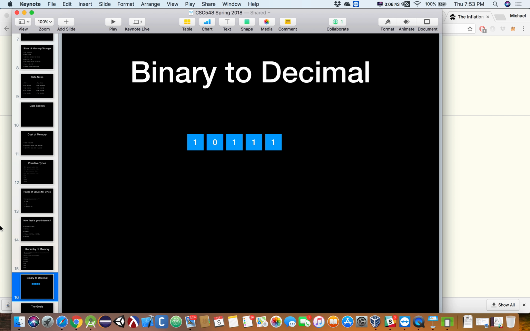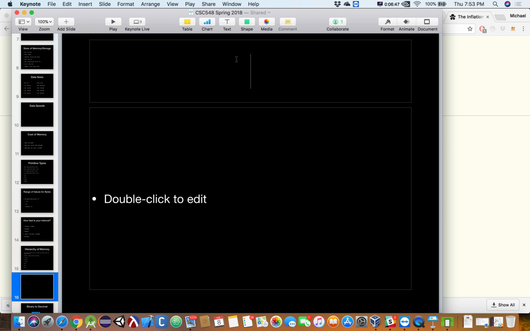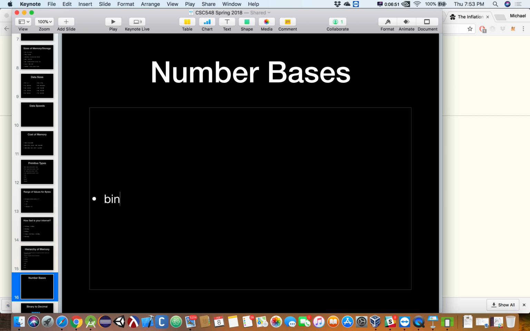So if we talk about bases, binary numbers, that's base 2, right? What's the legal alphabet for binary numbers? 0 and 1. We can think of this as 0 to the base minus 1.